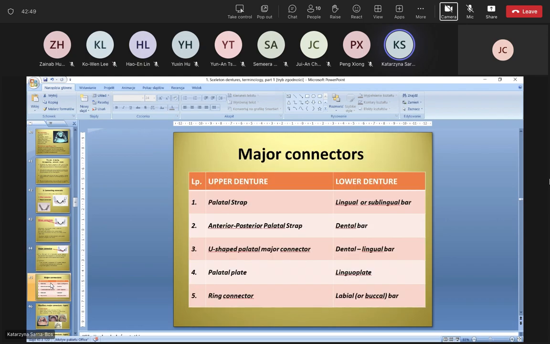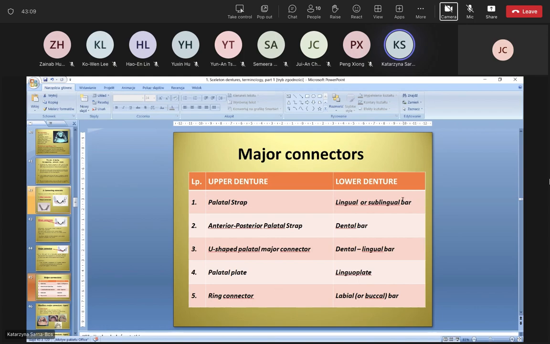We have some kinds of major connectors. The examples, in the case of the upper denture and lower denture. In the case of the upper denture, there are the palatal strap, anterior-posterior palatal strap, U-shaped palatal major connector, palatal plate, and ring connector.